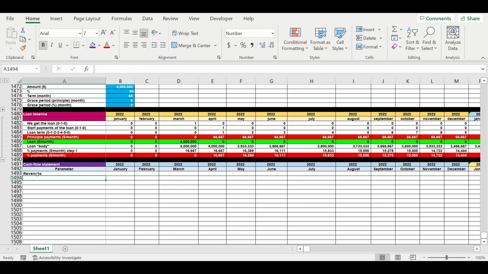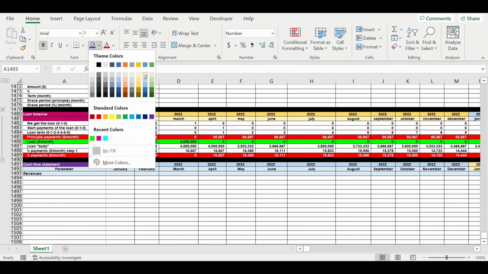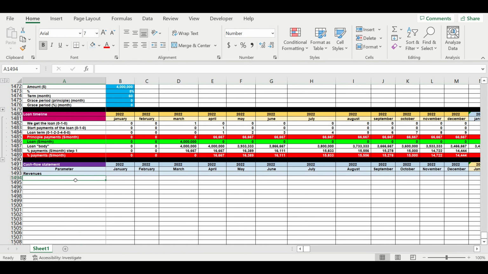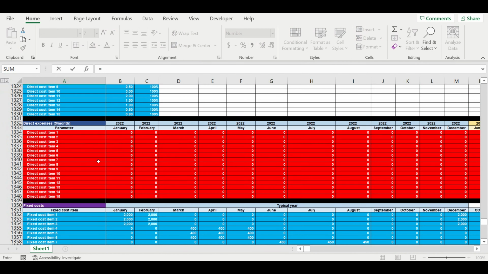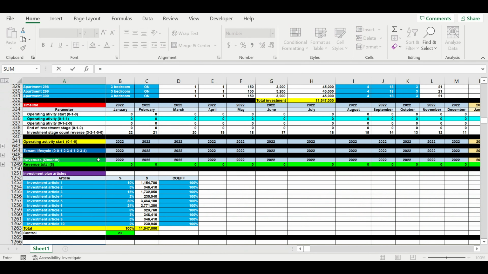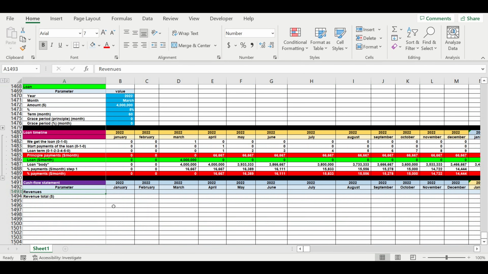We'll start with revenues. Basically speaking, the cash flow statement is a completely automated table. We don't put any manual data here, so we don't have inputs. So these are the revenues.